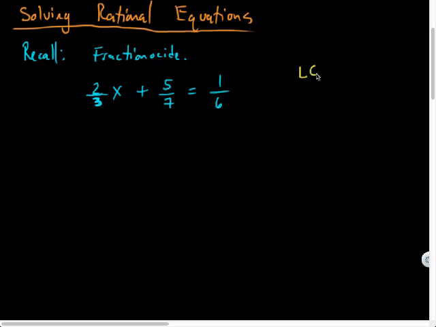Well, it was related to their weakness, the LCD. If I find the LCD of all of the denominators, I can use that to kill them all. It's their common weakness. So let's see, 3 and 7 go into 21. 6, I think 42 is the LCD there, if I'm not mistaken.